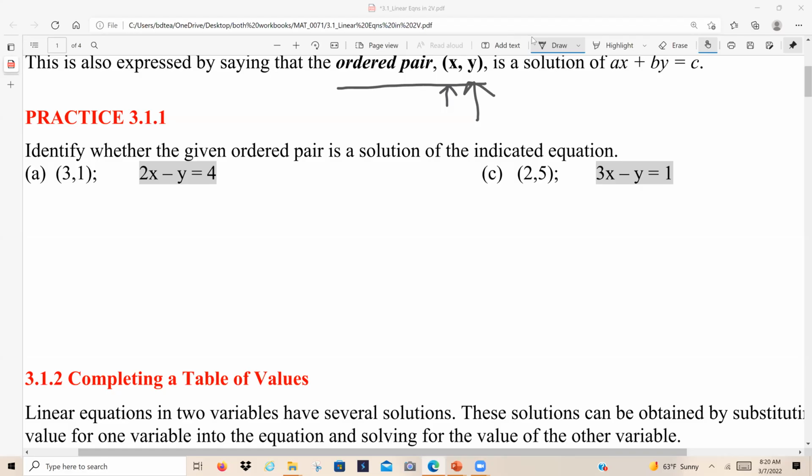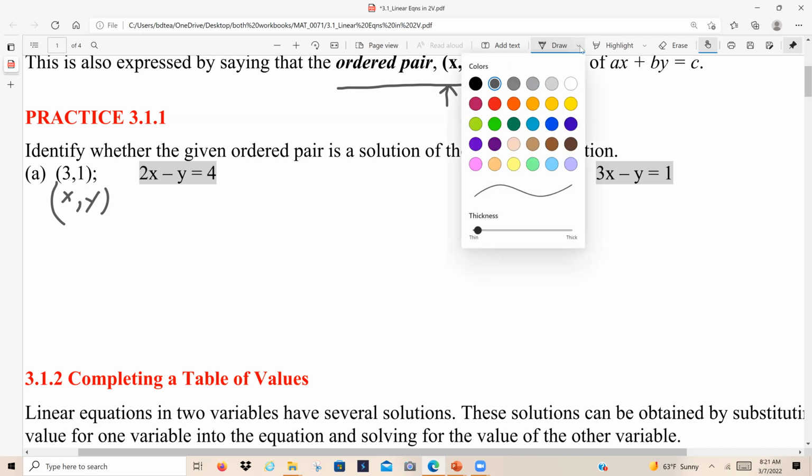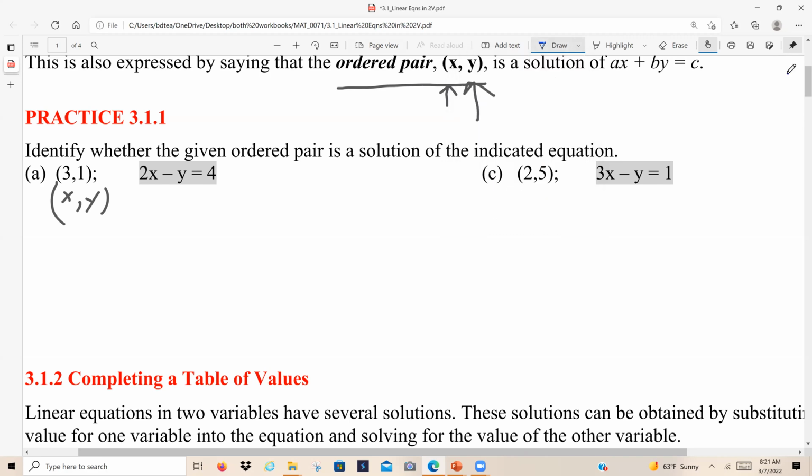A, the ordered pair is 3, 1. Again, remember, x corresponds to the 3 because it's the first coordinate, and y corresponds to the 1 because it's the second coordinate. So let's determine if it is a solution. We substitute 2 times 3 minus 1.